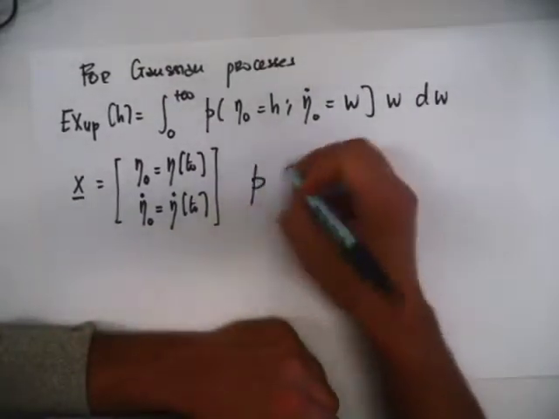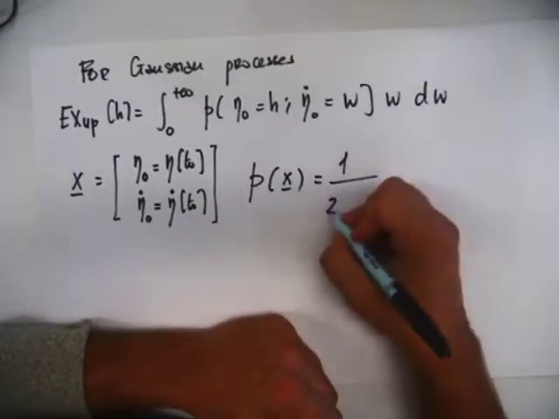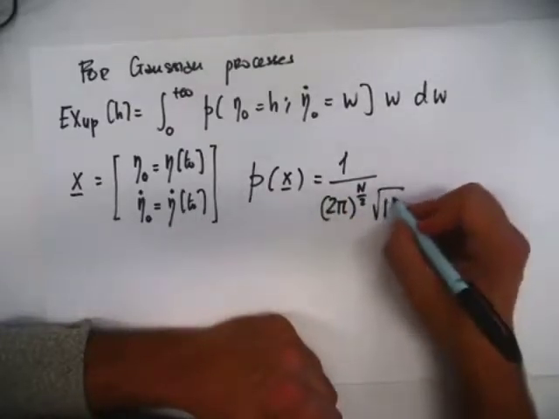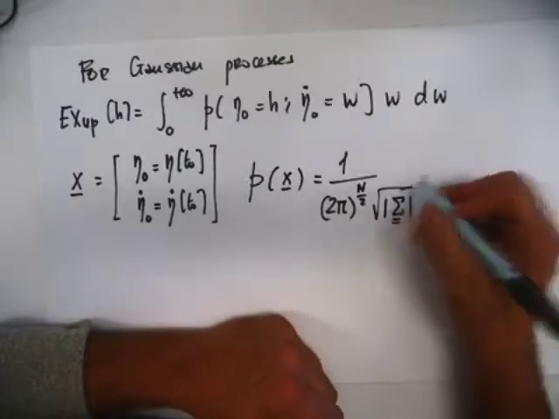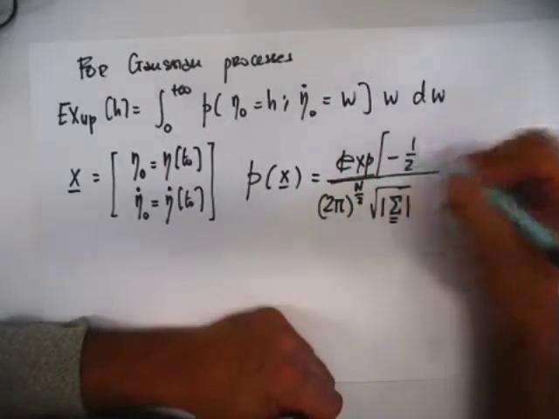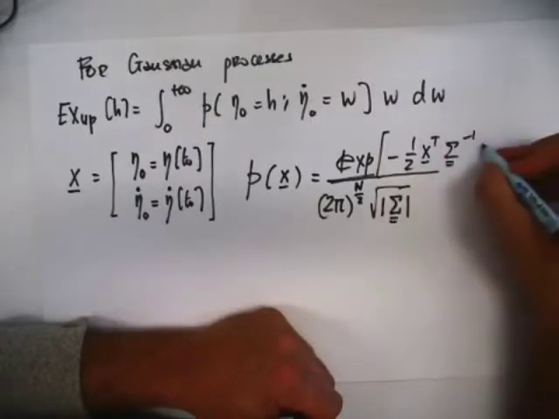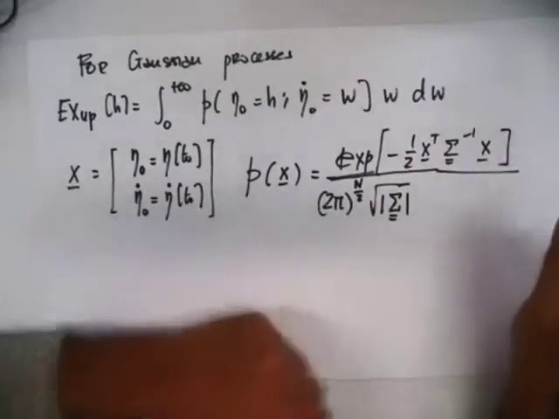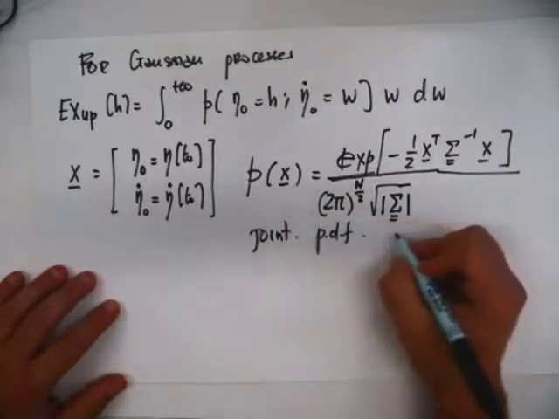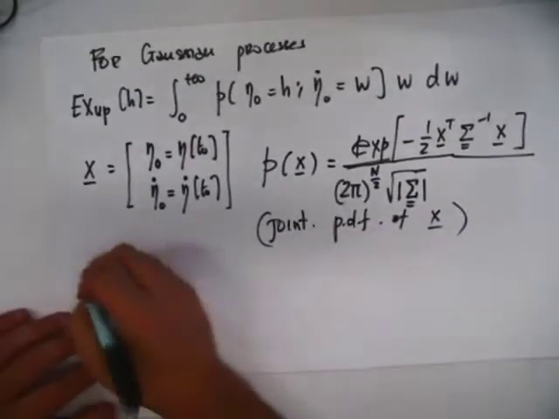The joint probability density function of x is equal to, in general, 1 over (2 pi) to the n over 2, divided by the square root of the determinant of the covariance matrix, times the exponential of minus 1/2 x transpose, the inverse of the covariance matrix, times x. So this is the joint PDF of x.